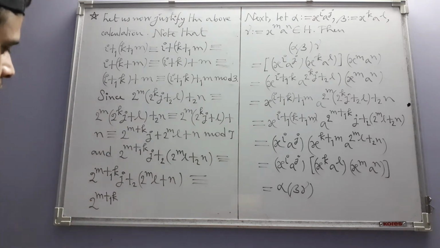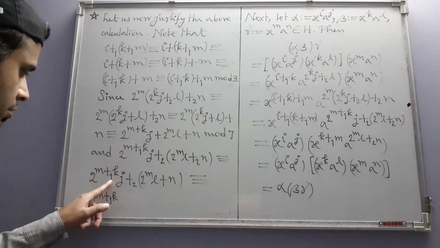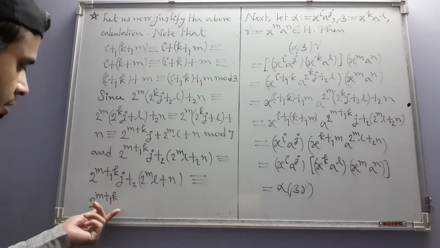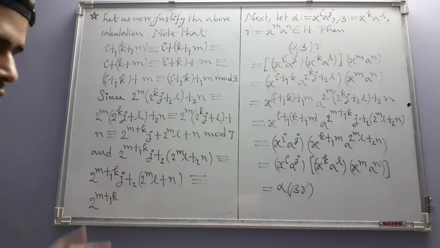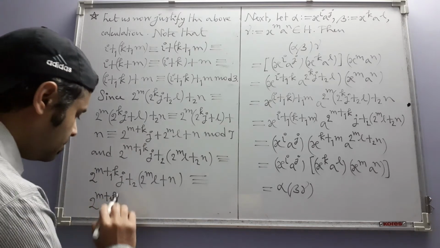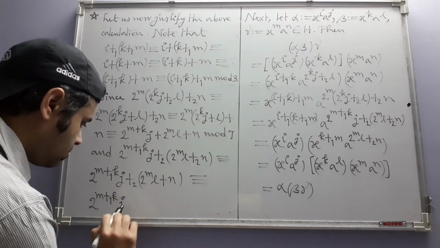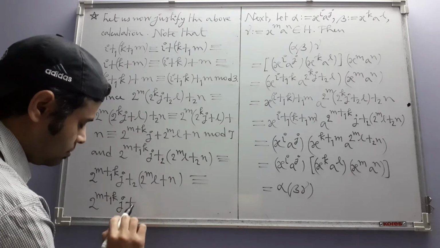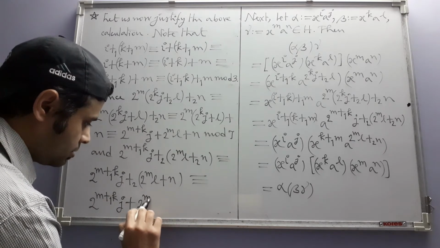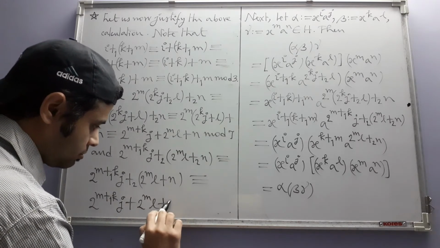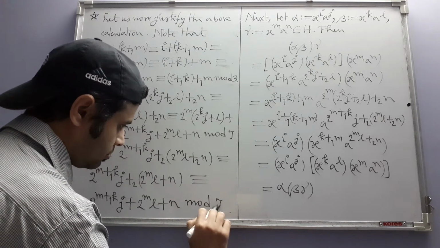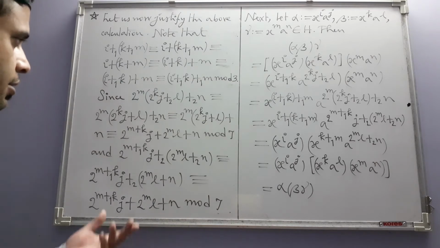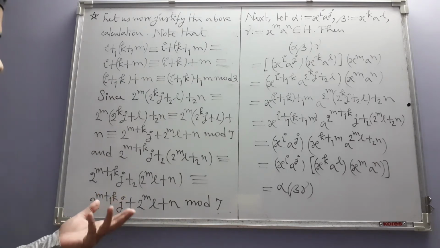note that we cannot really remove this one because it's in the exponent and we don't really know what is going to happen to this if we remove 1. So we just keep it like this, but here of course we continue removing the things, mod 7. So you can see that what is our aim?